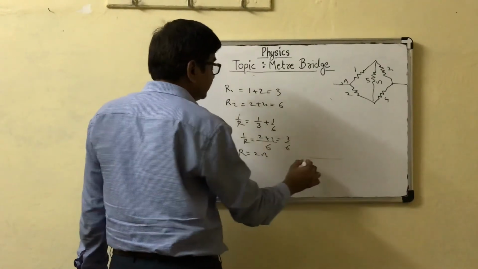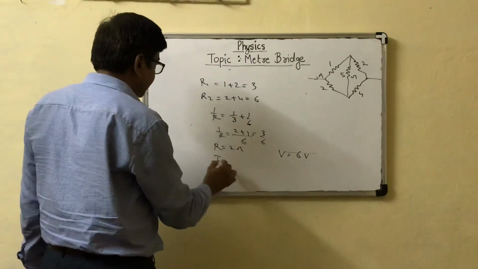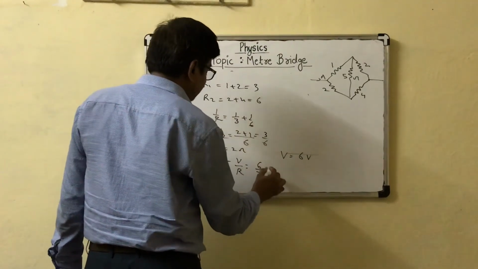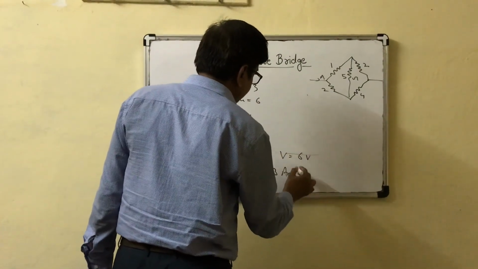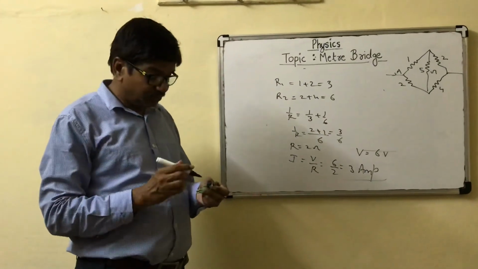This is resistance and this is the voltage. We have to calculate I, V by R, that is 6 upon 2, that is 3 ampere. This is the formula of current using Wheatstone bridge.